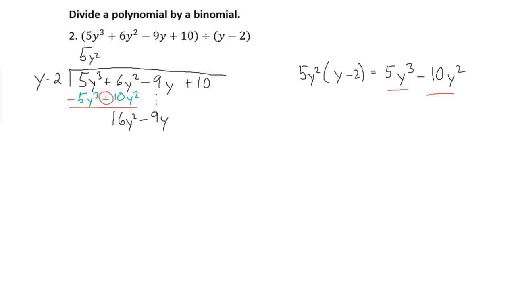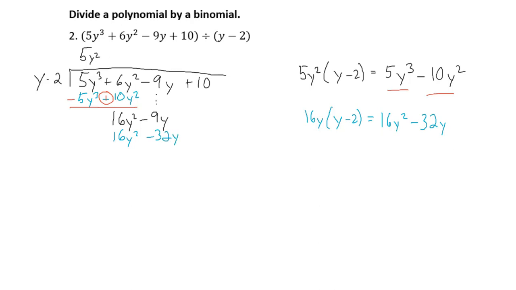Okay, now I need to multiply by 16y. I'm going to multiply that by my y minus 2, and that gives me 16y squared minus 32y.